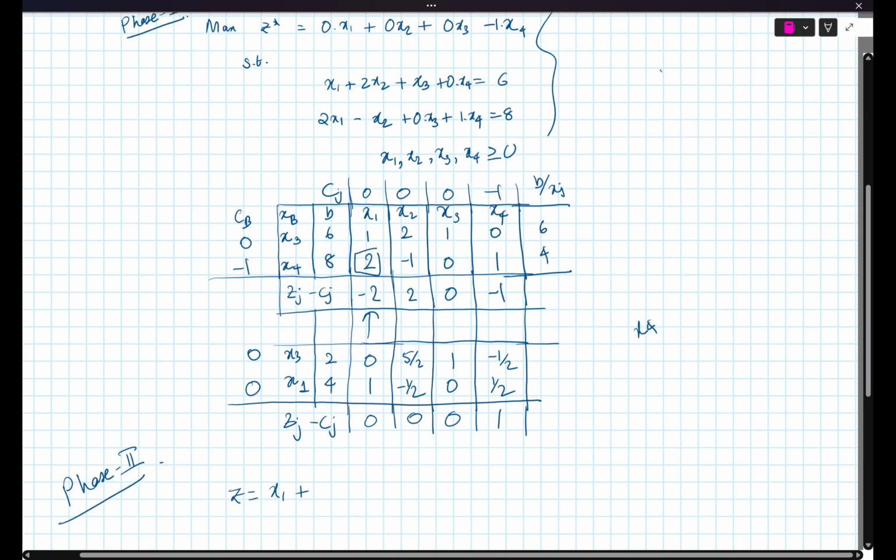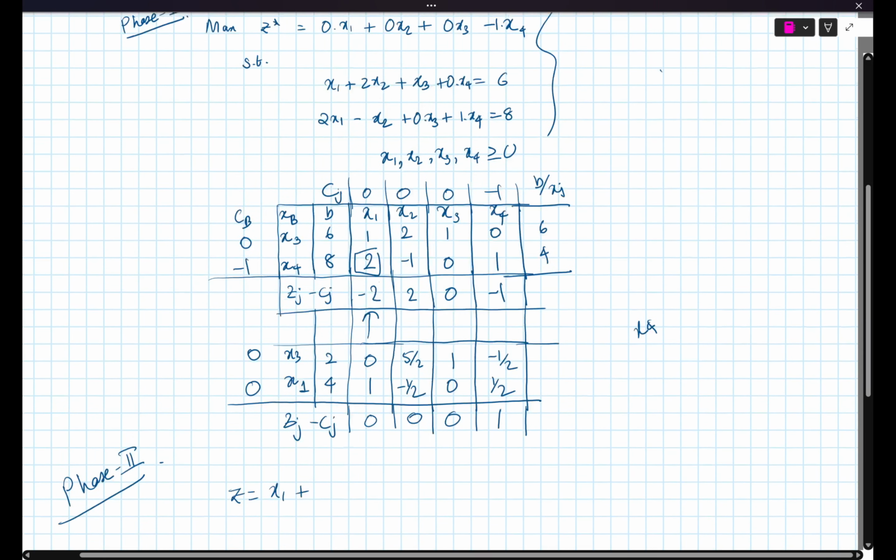Now I'll look at that b by xj ratio. No, sorry, I don't need to do that. Okay, so we got the positive values for Zj minus Cj.